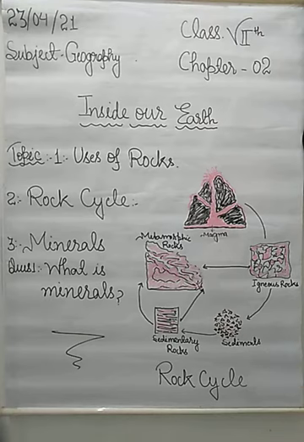So students, first of all we have to understand the definition of a rock cycle. The process of transformation of a rock from one rock to another is known as the rock cycle. Okay?